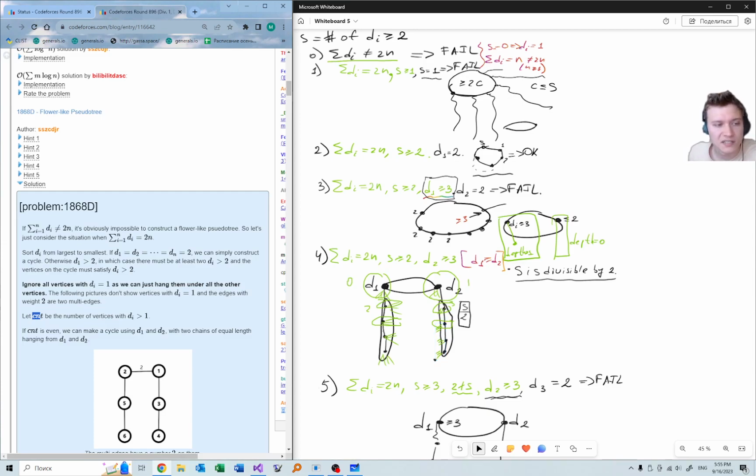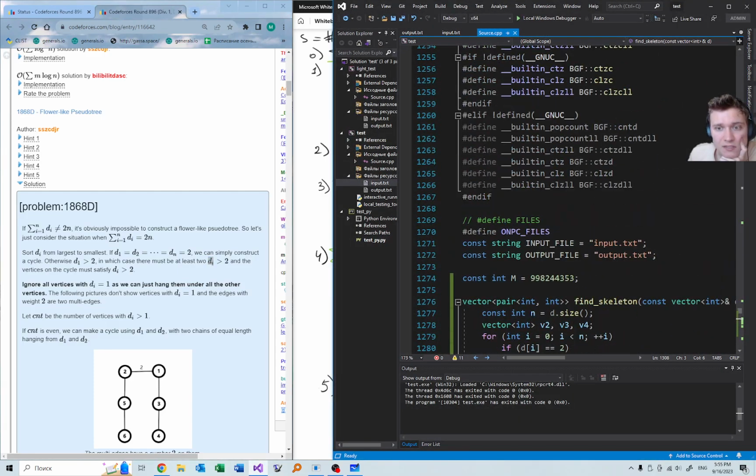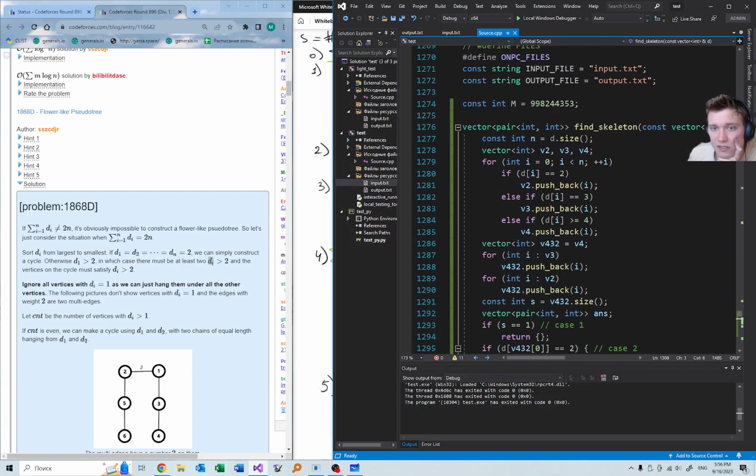Ah, it is said here, otherwise d1 is at least 2, in which case there must be at least 2 such vertices. So, okay, this is fail, definitely. Ignore all vertices with di equals 1, as we can just hang them under all the other vertices. We did it. Yeah, we only considered vertices with degree at least 2.